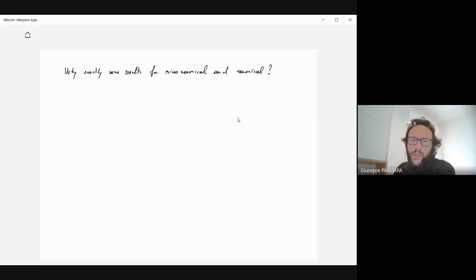In the first case, we have considered a system which was isolated. In the second case, we are considering a system which is in presence of a reservoir and can exchange heat with this reservoir. The answer to this question is that actually in the first case, the total energy is fixed.